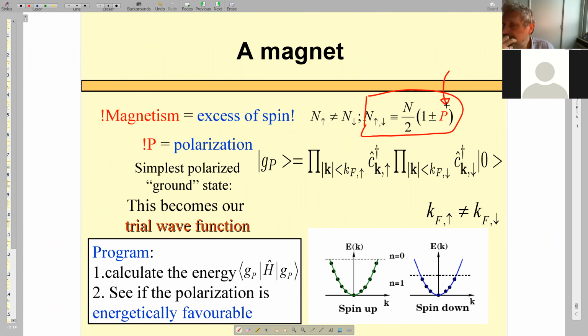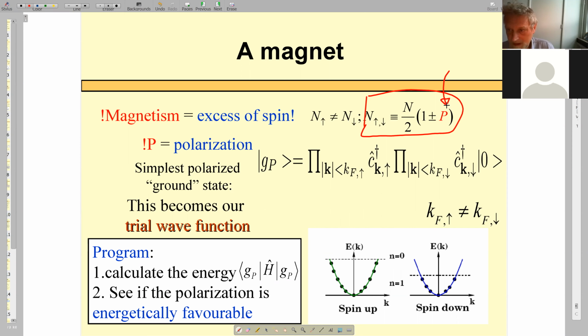And polarization is plus minus 1 if all electrons are polarized. Good. We have made a decision about this. That's what we want to have: a state which has different numbers of electrons. So how to do this?